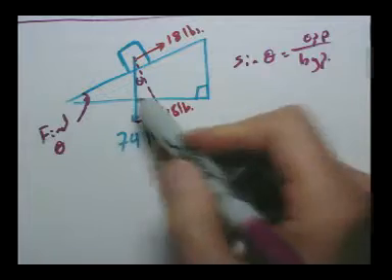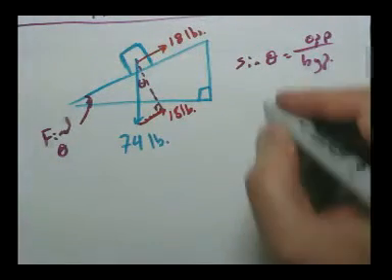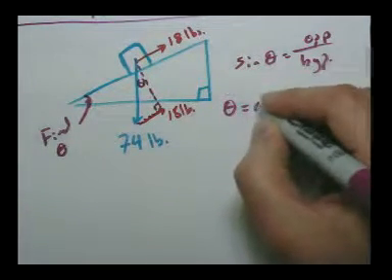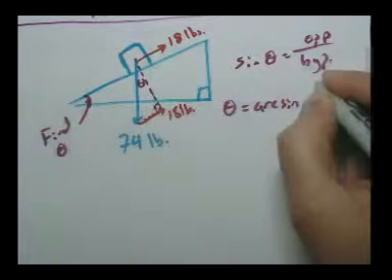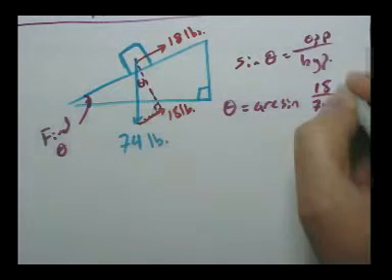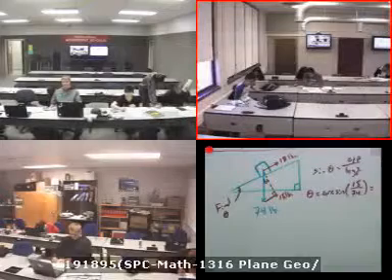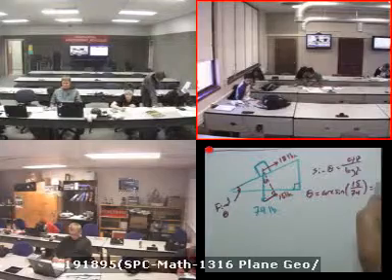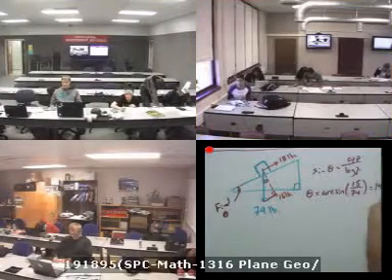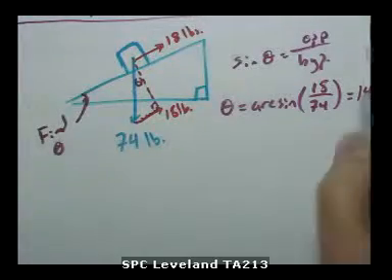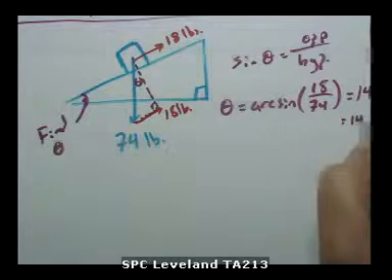We've got the opposite and the hypotenuse. So theta will be the arc sine of 18 over 74, and I assume that you already had that calculated? 14.078 degrees. We'll go ahead and go for 14.1.